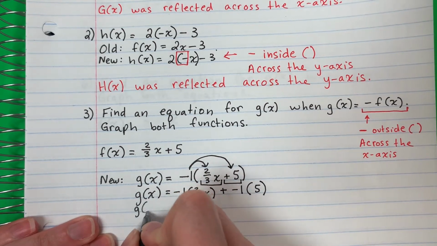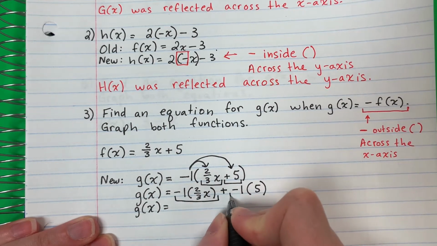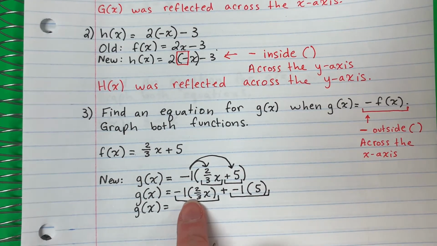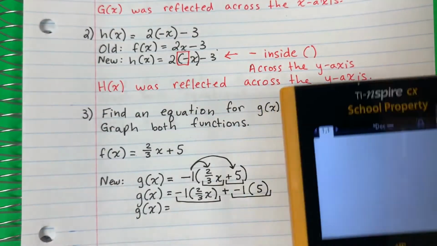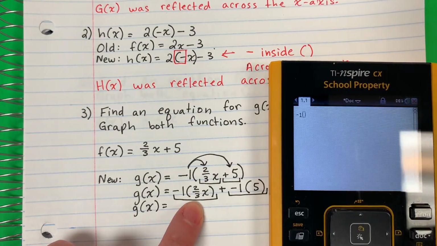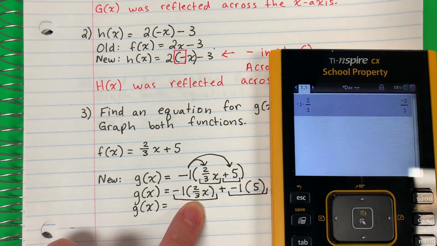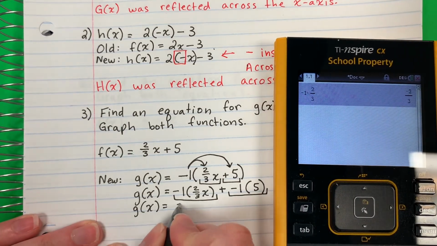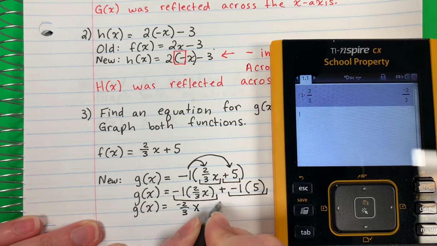Copy g of x equals. We need to do these parentheses first. So put in your calculator -1 times 2/3. So -1, parenthesis 2/3, no x, close. It's -2/3. Copy x here. Copy plus.